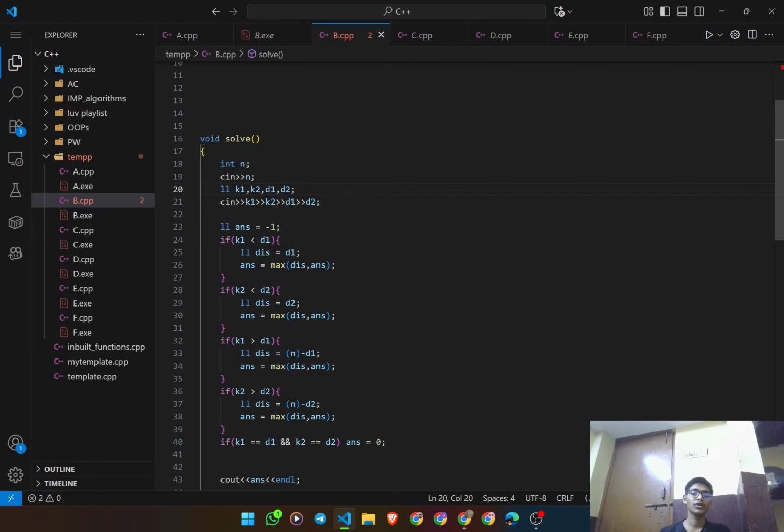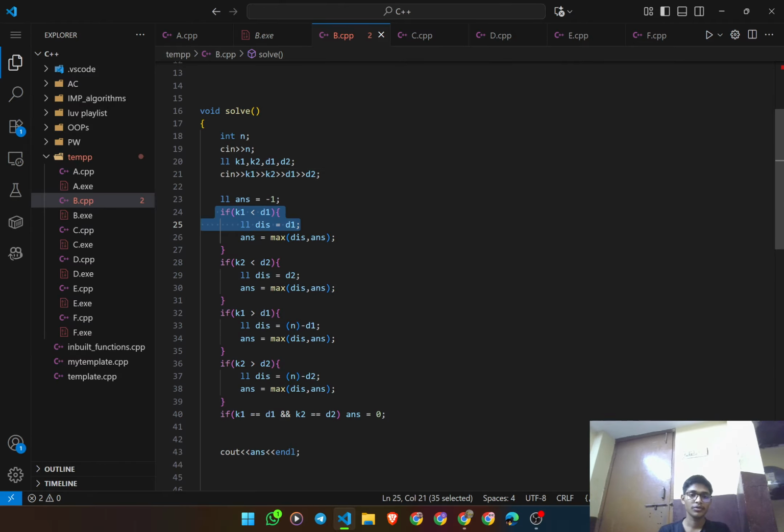You can rename them also. We don't use less than or equal to here, because at the equal position the thief cannot run outside, because he will be caught on the first day only. So we have to find out the maximum it can run.